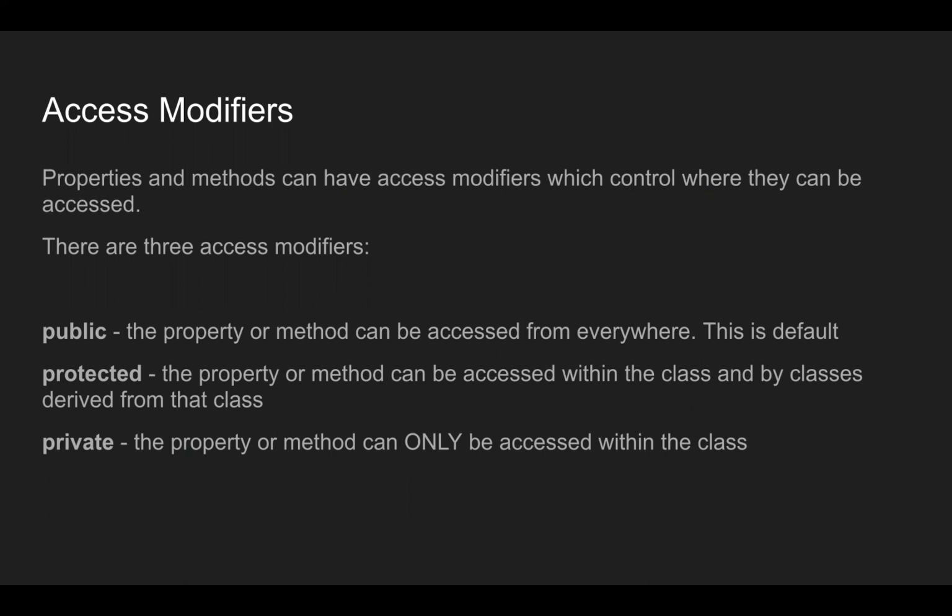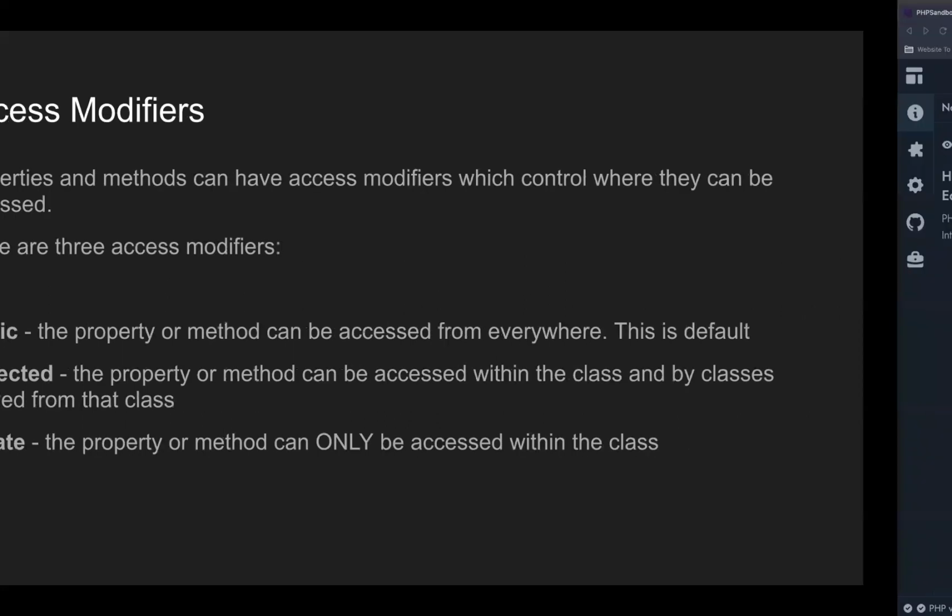This is the default. Protected means the property or method can be accessed within the class and by classes derived from that class. Private means the property or method can only be accessed within the class. Let me show you an example of how this happens.